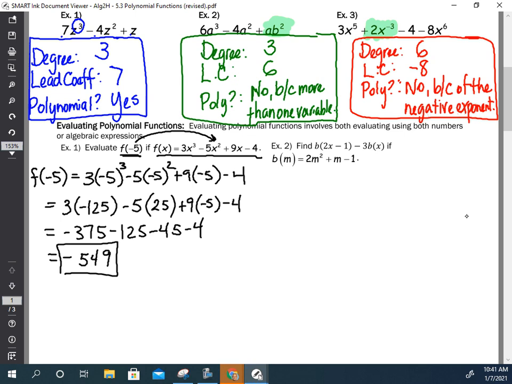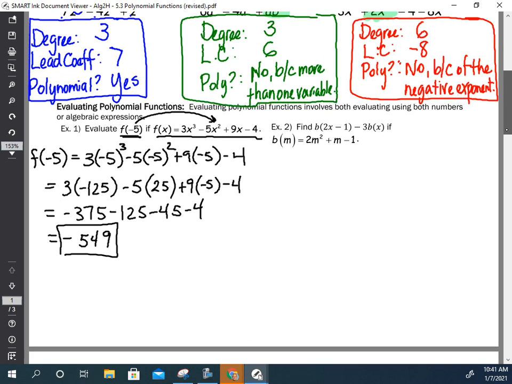Some distributive property, maybe a little FOIL, combining like terms, things along those lines. So example 2. Here's the function that you're working with. You're being asked to find b of 2x minus 1 minus 3 times b of x.